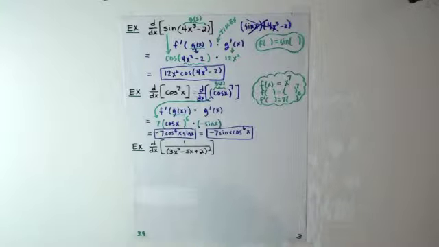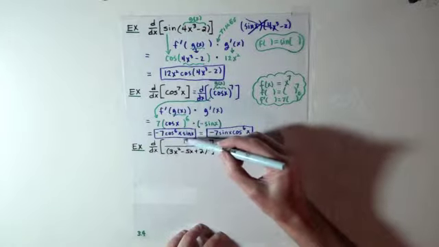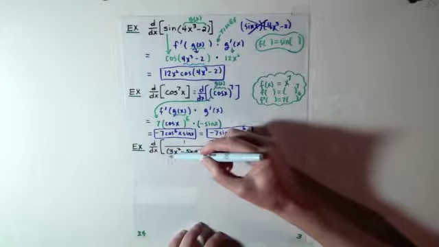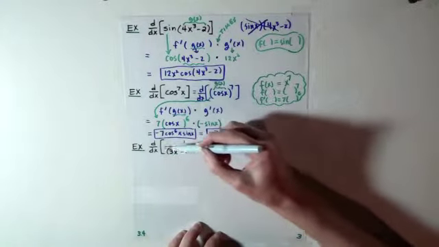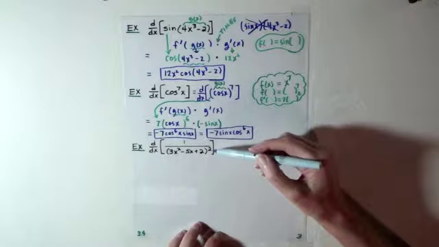Now, I could go ahead and try to use two rules. I could try to use the chain rule in conjunction with the quotient rule, because I have one thing, namely the function 1, divided by a function that's a composition of two functions, 3x squared minus 5x plus 2 raised to the second.